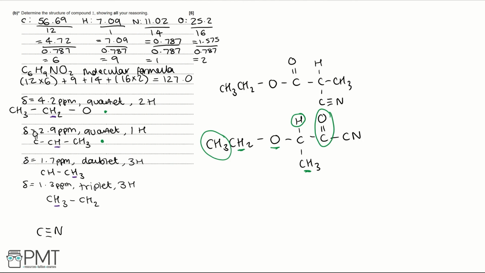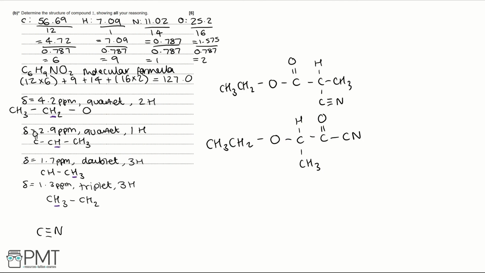The 2 RCH groups are also represented. We have our first one here, and then we have our last one here, where we have the CH3CH2, and then we have our CH3. So again, this is another possible structure that we could have for this question.